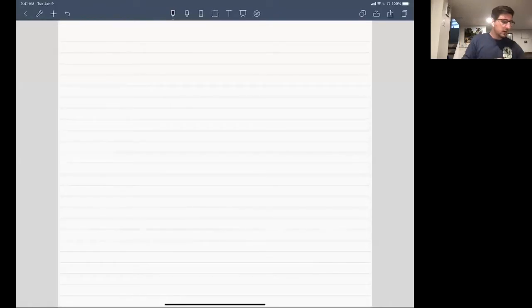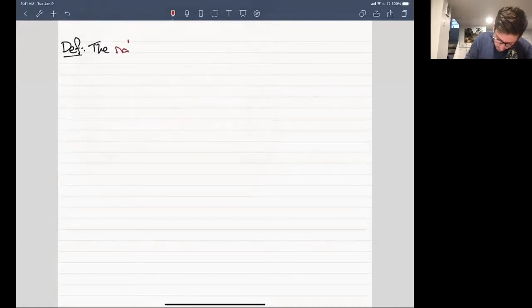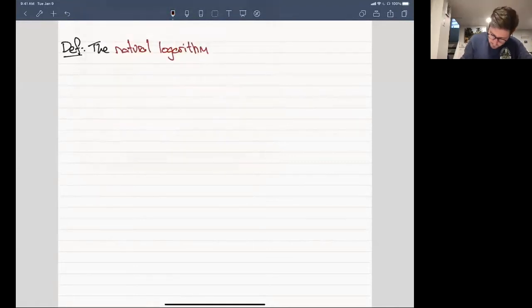So let's start with a definition right off the bat, and that will be our working definition of what the natural logarithm is. So let's say definition, let me put this in red, the natural logarithm. This thing is going to be defined as the function. Remember, we use ln of x if we've seen this before.